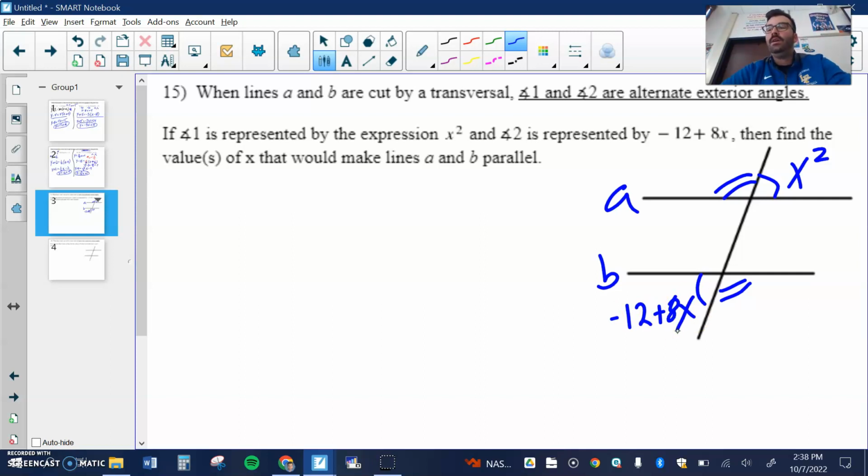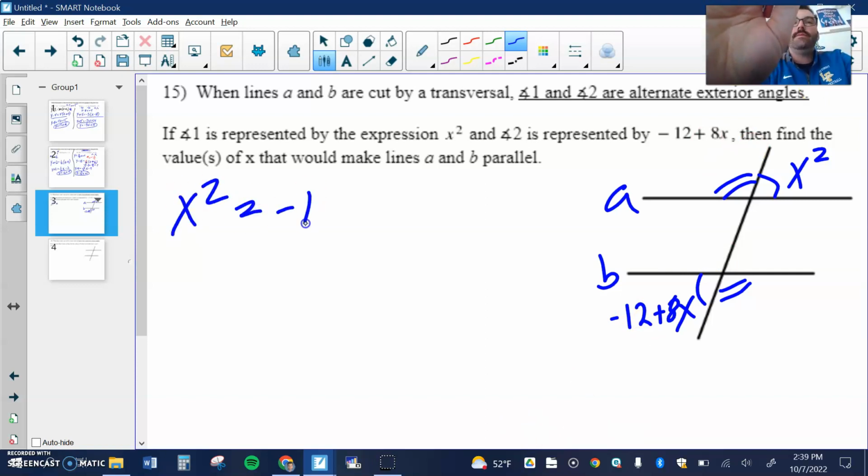Here we go. If they're alternate exterior angles, that means they are congruent. So I set x squared equal to negative 12 plus 8x.